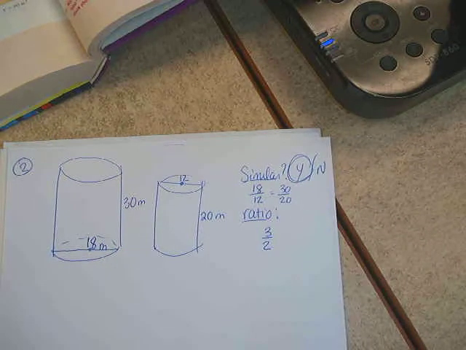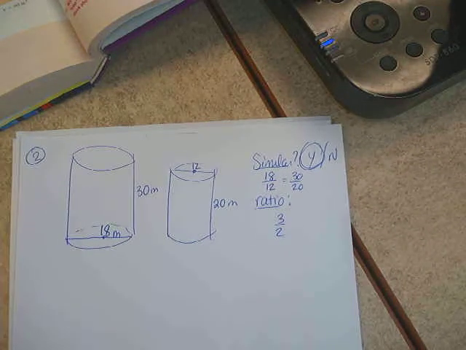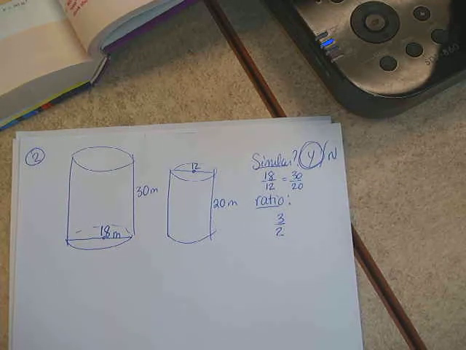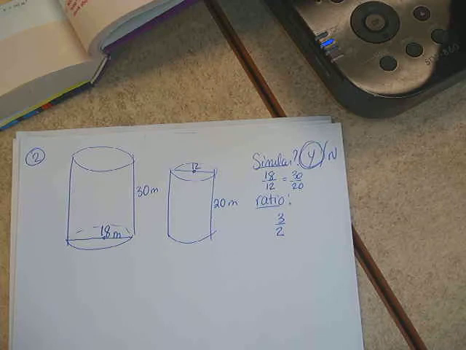And height to height would be 30 to 20. These both simplify. 6 goes into 18 3 times and into 12 twice, 3 to 2, and that's 3 to 2. So they are similar, and the ratio would be 3 to 2.